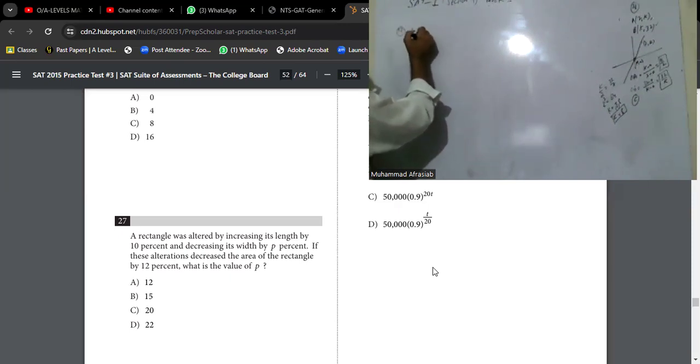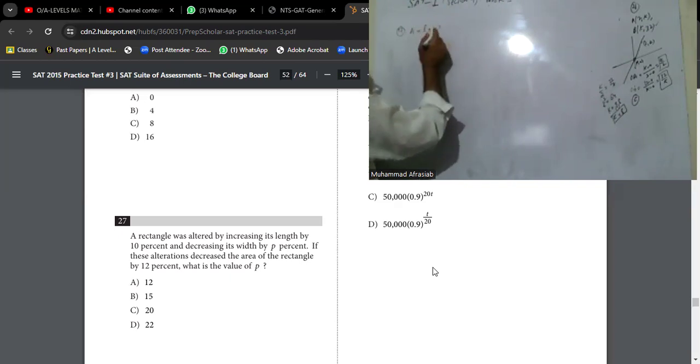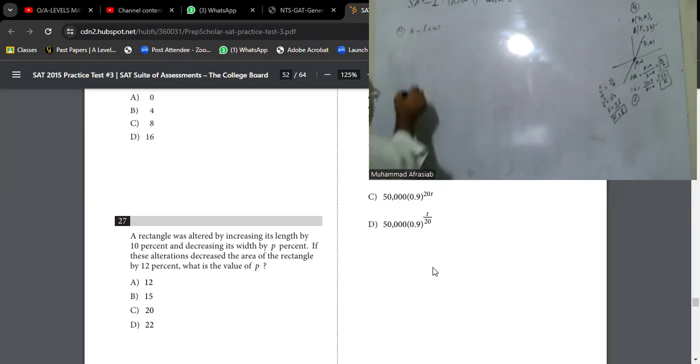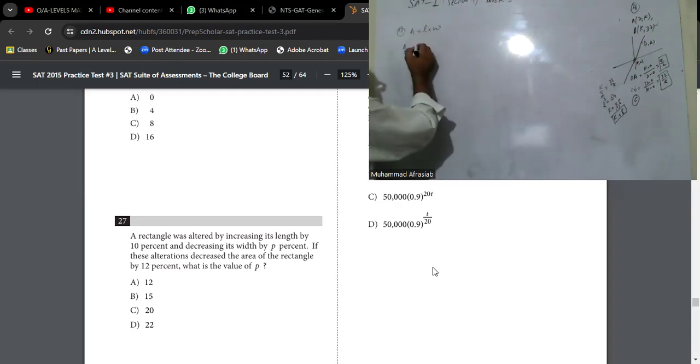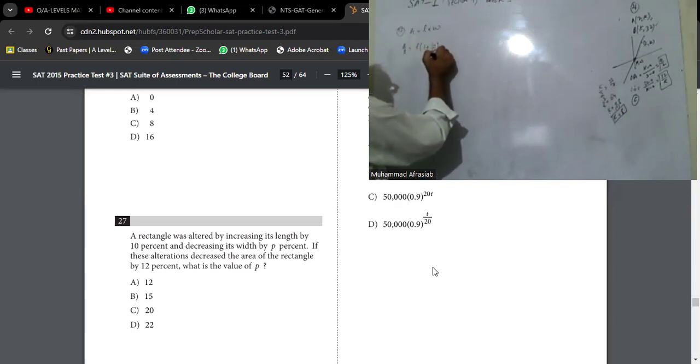Let's say the area of that rectangle is length into width. For the first part, the length is increased by 10%. That means length into 1 plus 10 over 100.